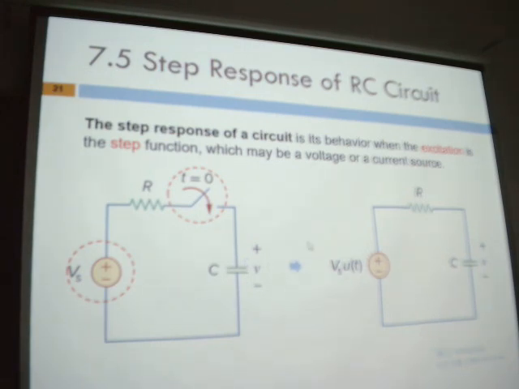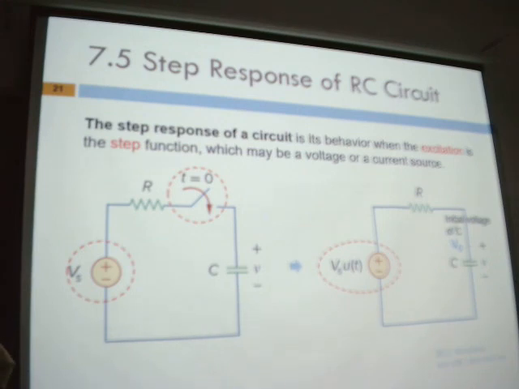So we use u(t) instead of the switch, which changes at t equal to 0. Similarly, if we put a switch which changes at t equal to t0, the value change is at t minus t0, right?